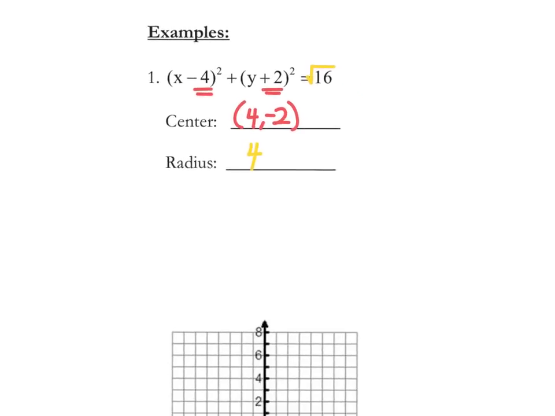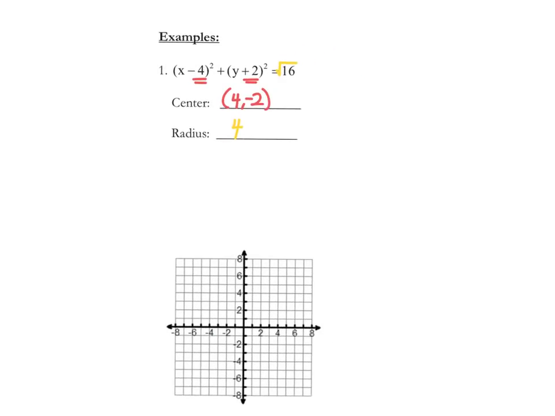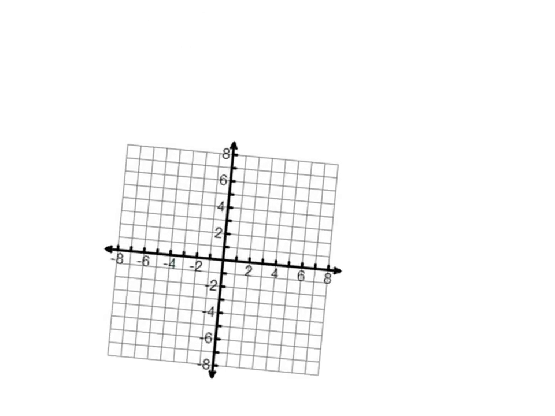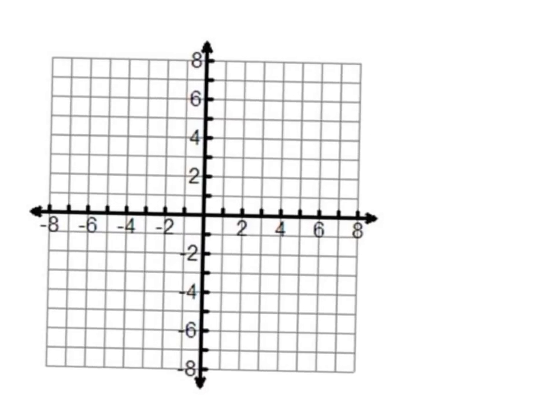So now we're just going to graph it. We've done this before. So 4, -2 is my center, and I'm just going to count the radius: 1, 2, 3, 4 spaces each way.